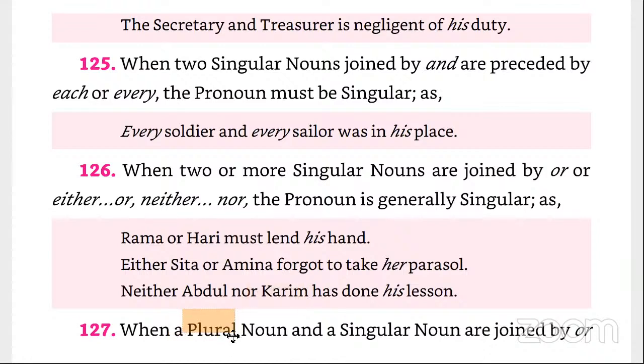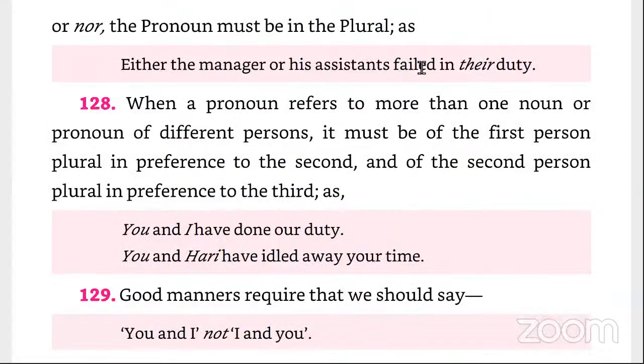But if there is a plural noun and a singular noun joined by or, what should be the rule then? In those cases, the arrangement has to be different. We have to first keep the singular noun, and then the plural noun, and then make the pronoun plural.